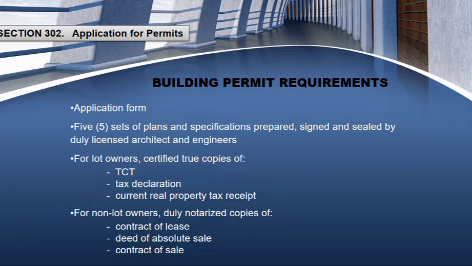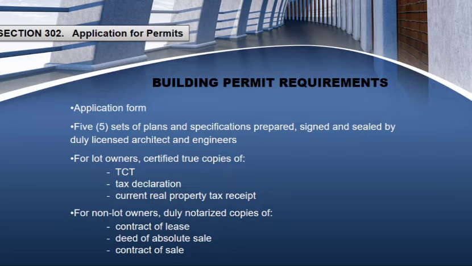Building permit requirements. Number 1 is the application form. The owner or the applicant needs to fill up this form. Number 2, 5 sets of plans and specifications prepared, signed, and sealed by duly licensed architects and engineers, to be submitted to the building officials.